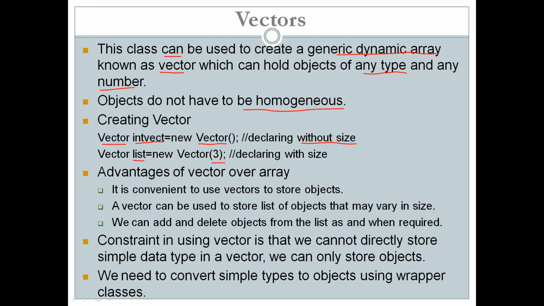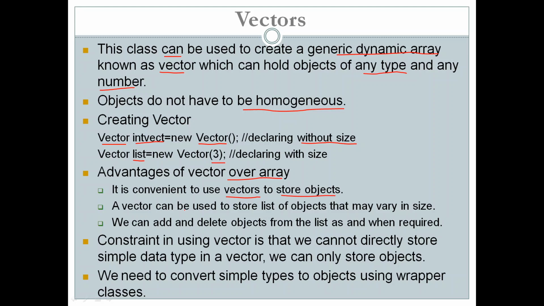Okay, what are the advantages of vector over the array? It is convenient to use vectors to store objects. So whenever you want to store objects, it is convenient to use vectors instead of arrays.